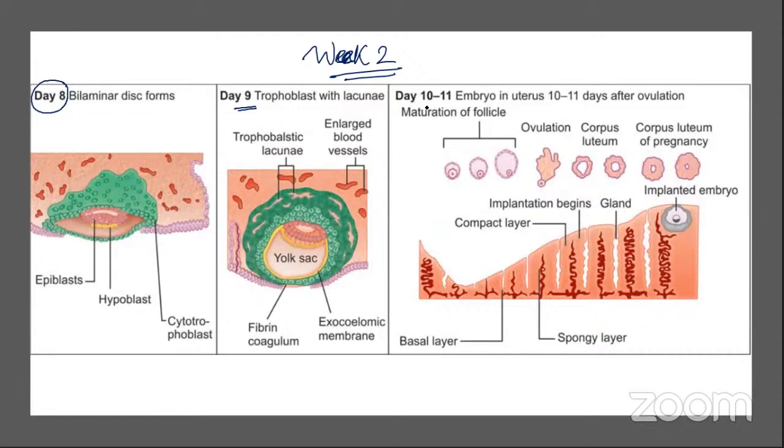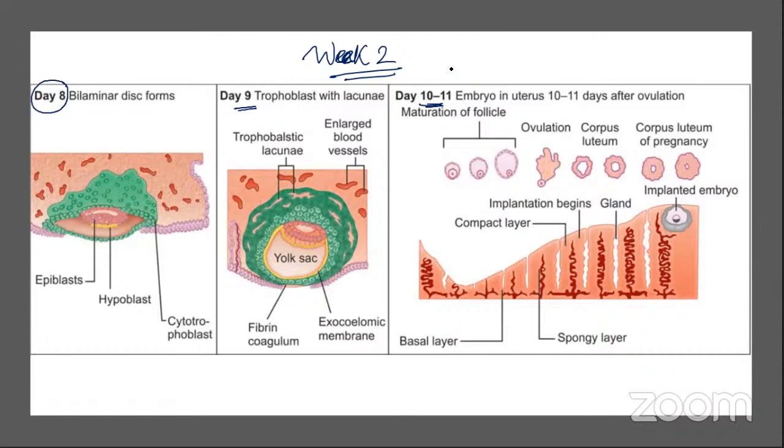Now, day 10 and 11 happen the same thing. That is, the embryo gets completely implanted in the endometrium. If you have read your textbooks, be it Datta or any other textbook, it is clearly mentioned that implantation completes on day 11.